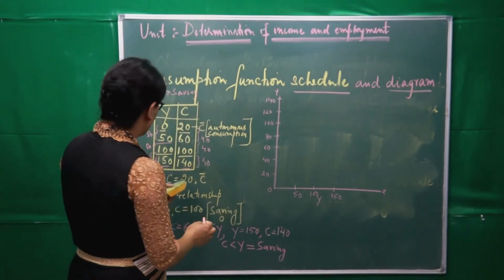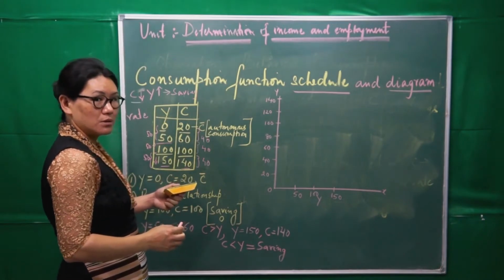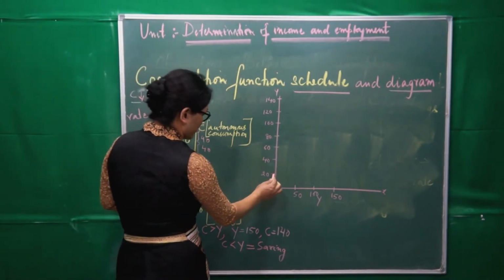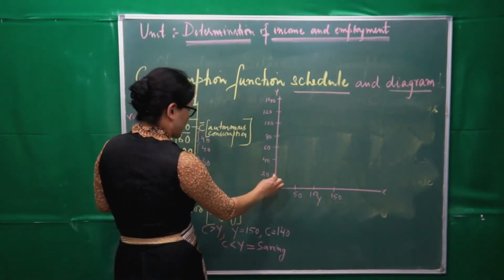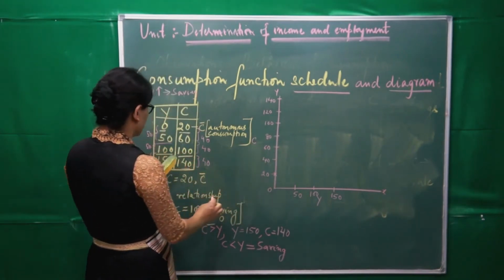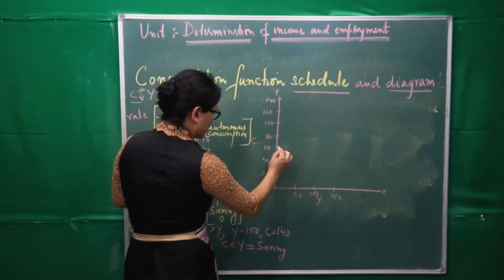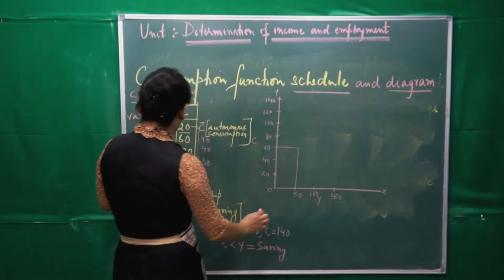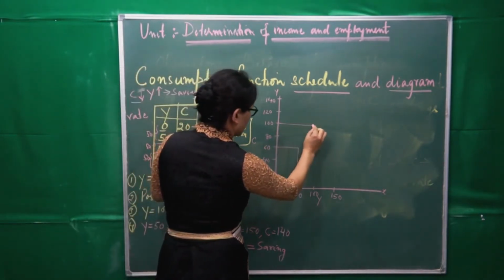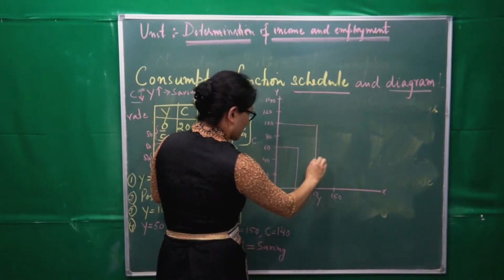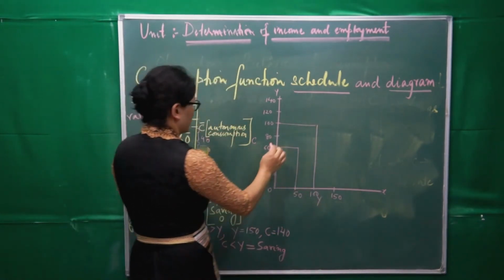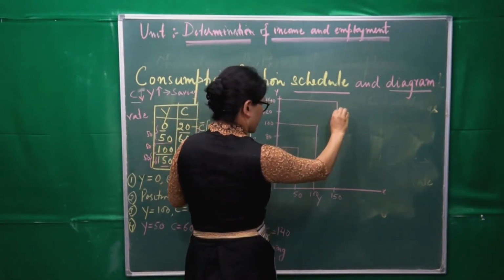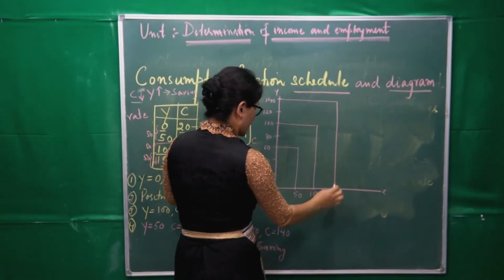Now straight away, I will draw the consumption curve. All right. So we have income 0, 20. This is your consumption. $150 and $40.